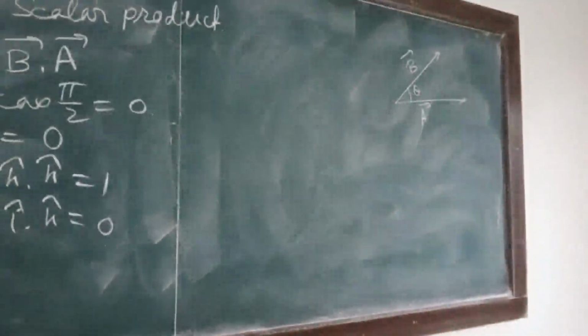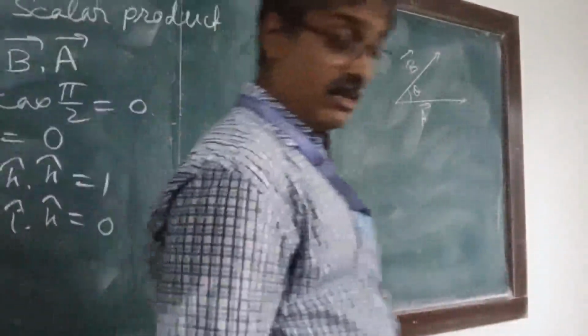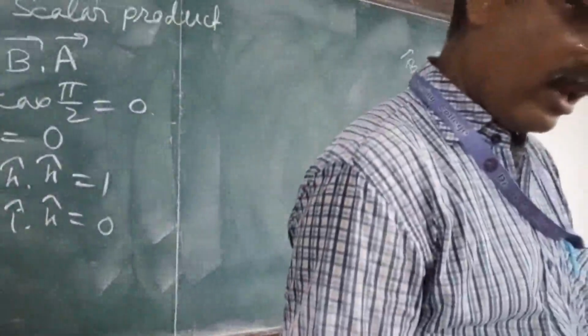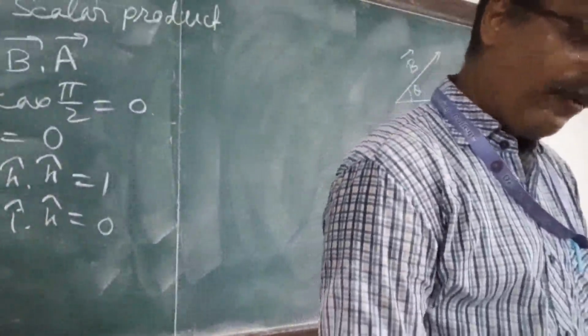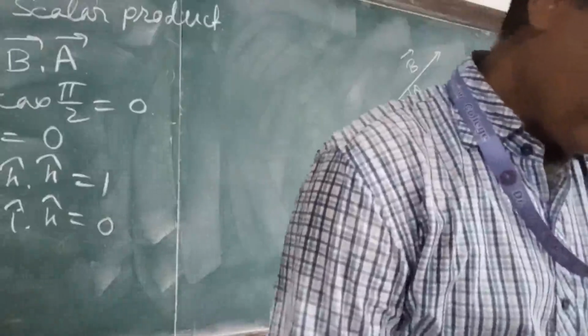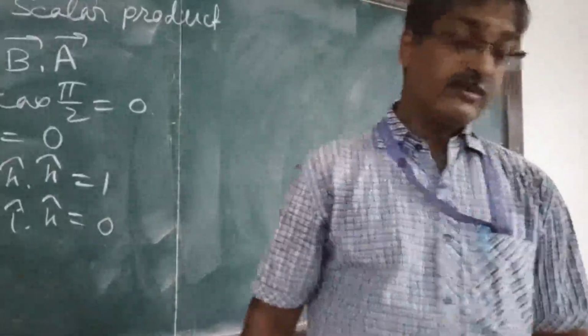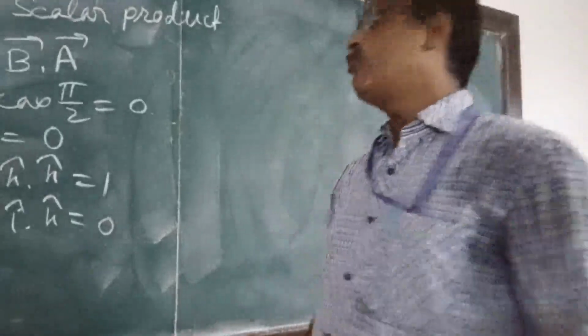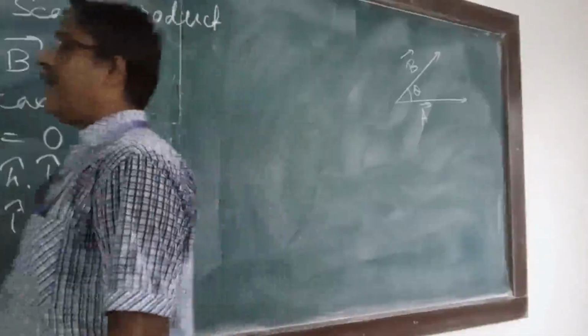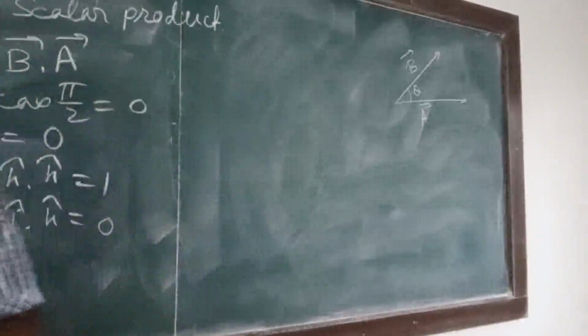Number 3: the scalar product of two vectors is distributive.